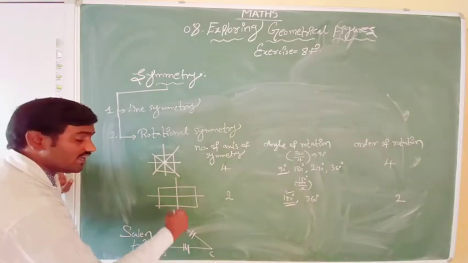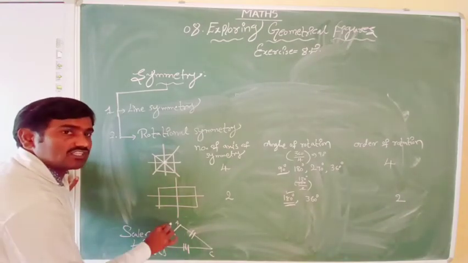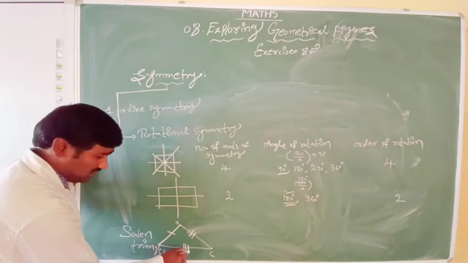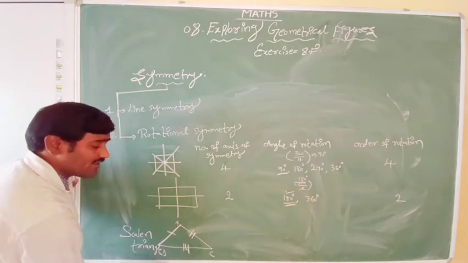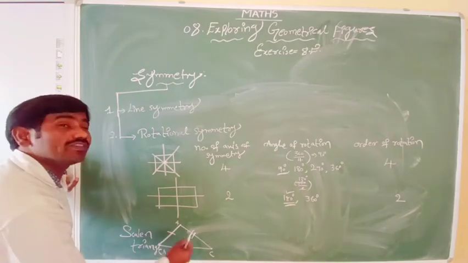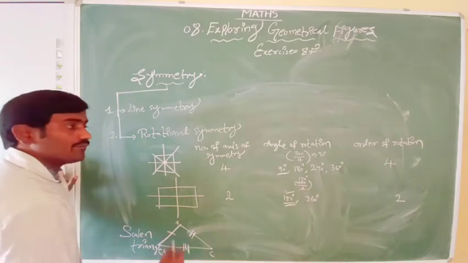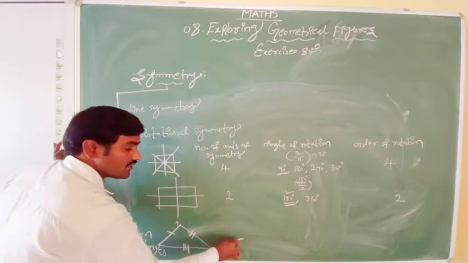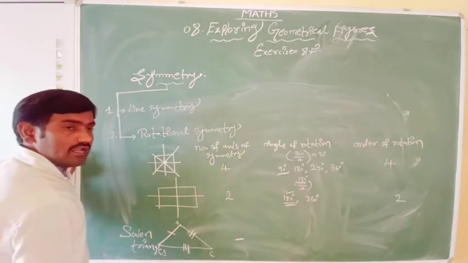It is not a symmetrical figure because it cannot be divided into 2 or more equal identical parts. It is not a line symmetry. The number of axes of symmetry is nil.